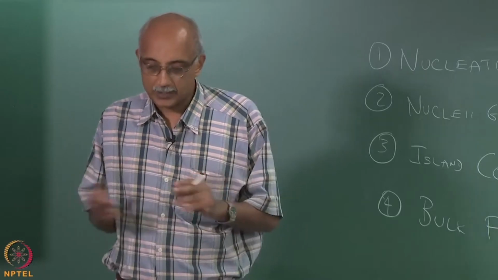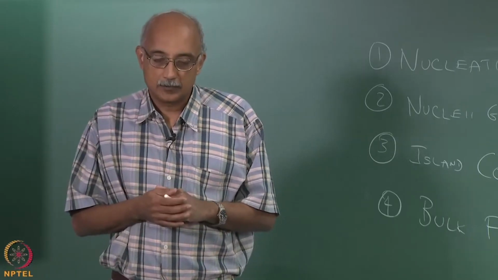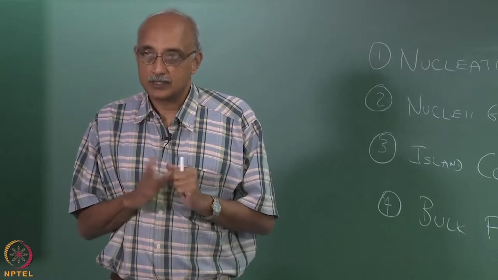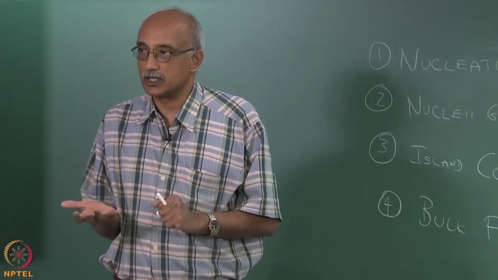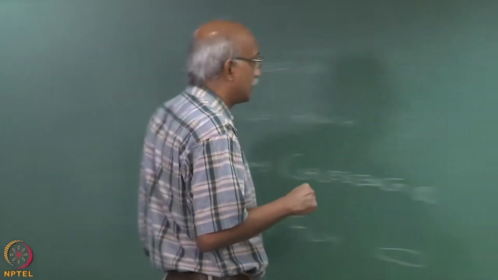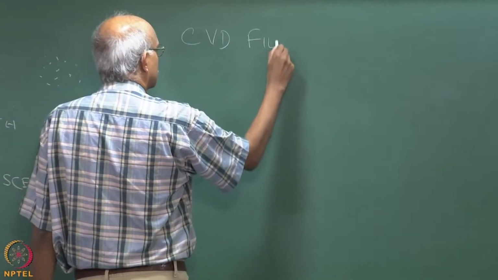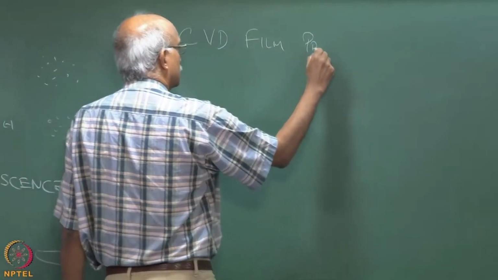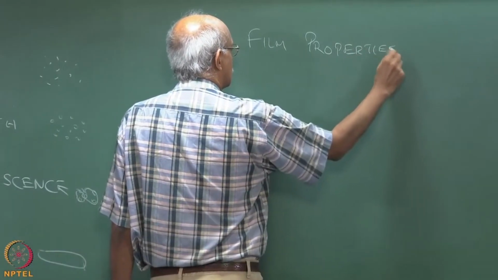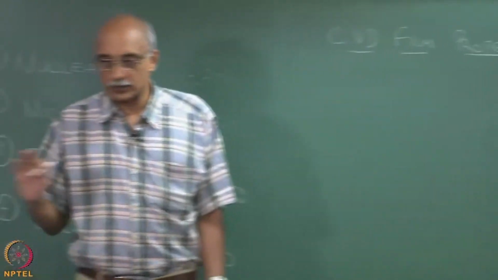But suppose we have succeeded in making a CVD film on a surface, then we have to start looking at the properties of the CVD film and whether they satisfy our specifications or requirements. So, when you talk about CVD film properties, you can actually classify them into two categories.